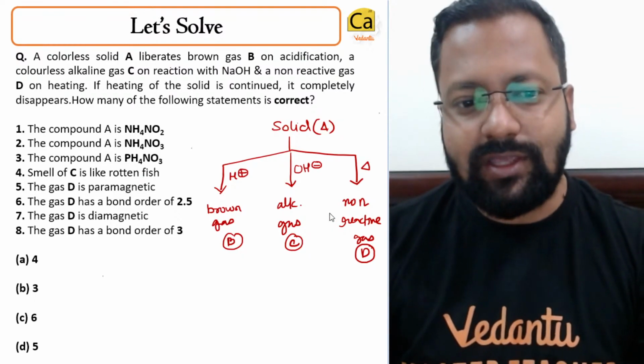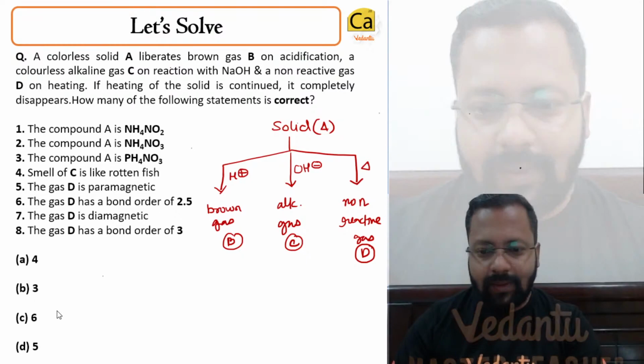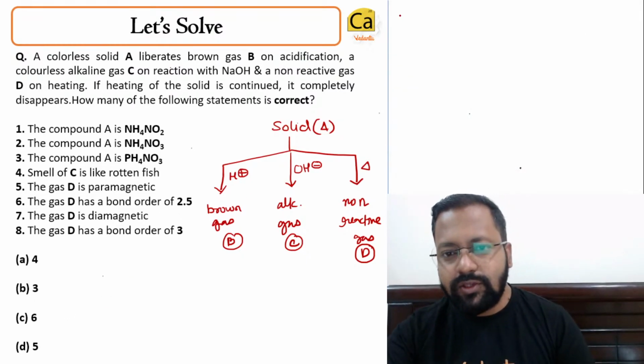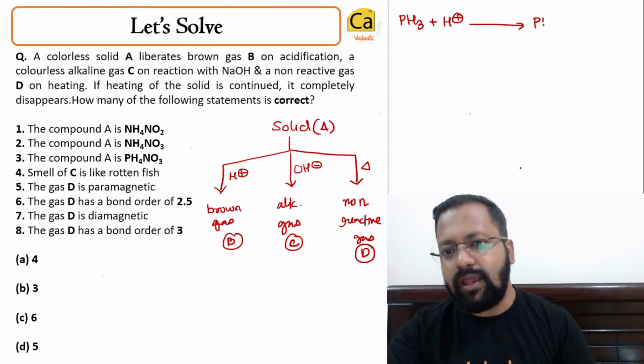Let me just explain this a bit. Okay, ये इस तरह से होता है. So PH3 plus H plus, this is a fairly unfavorable reaction.